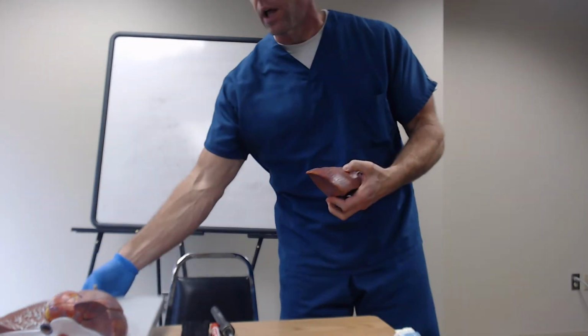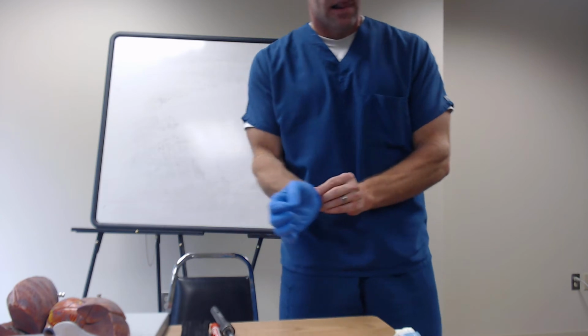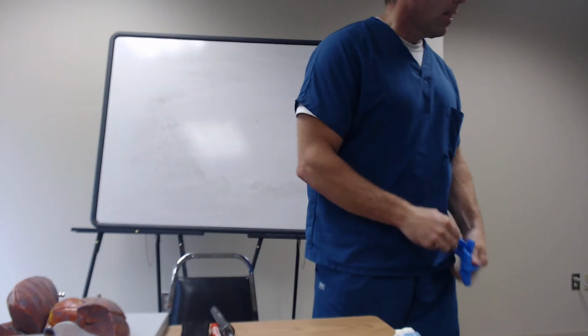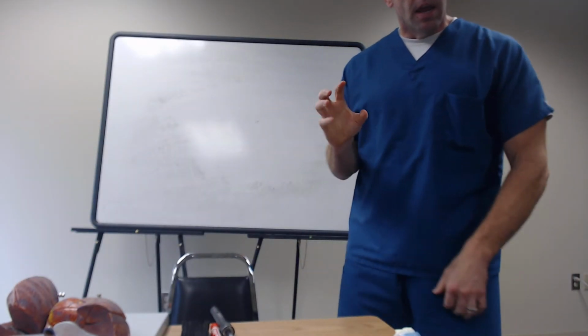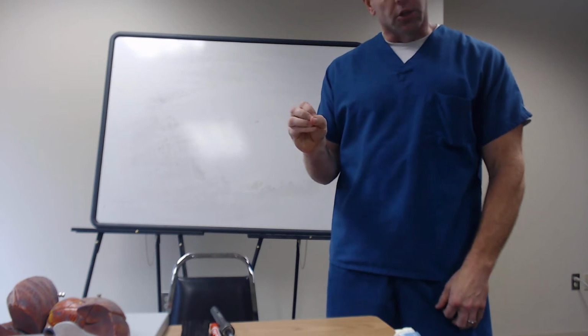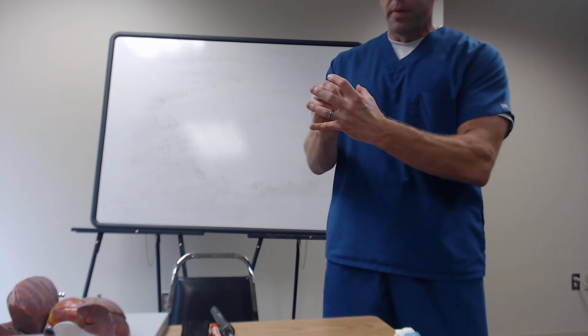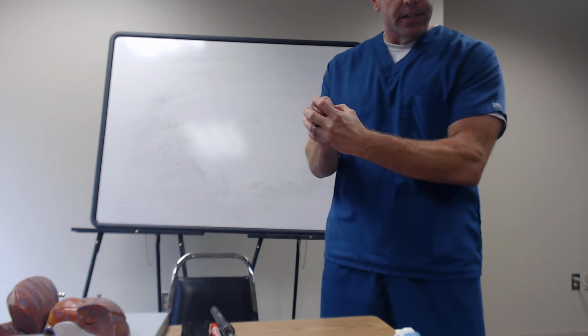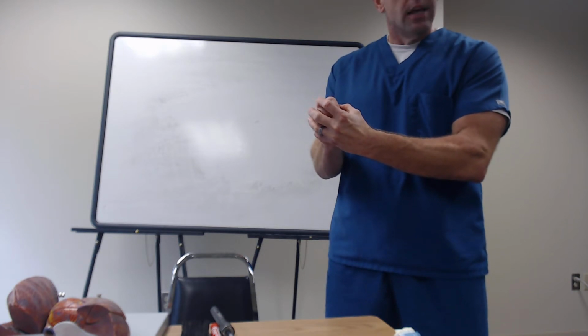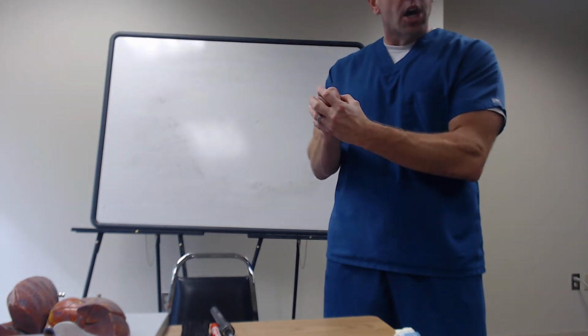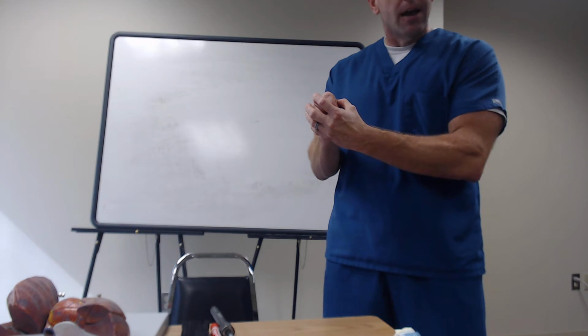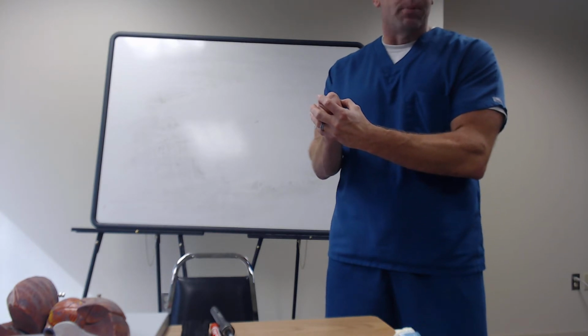Each alveoli, if this is an alveoli, okay, using my hand again, this is going to be a network of capillaries that surrounds the alveoli. So the alveoli is completely surrounded by arterial and venous capillaries.